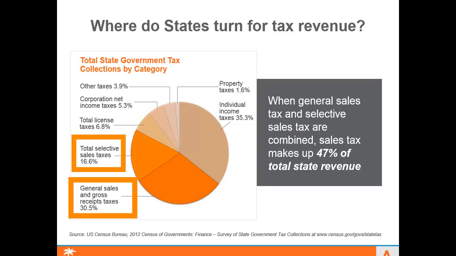And one thing that this represents is, where do the states get most of their tax revenue? Close to 50% of all revenue for states is coming from sales and use tax. In the state of Washington, where I'm at, it's 51%. So it means a whole lot to fulfill budgets and critical services that they provide.